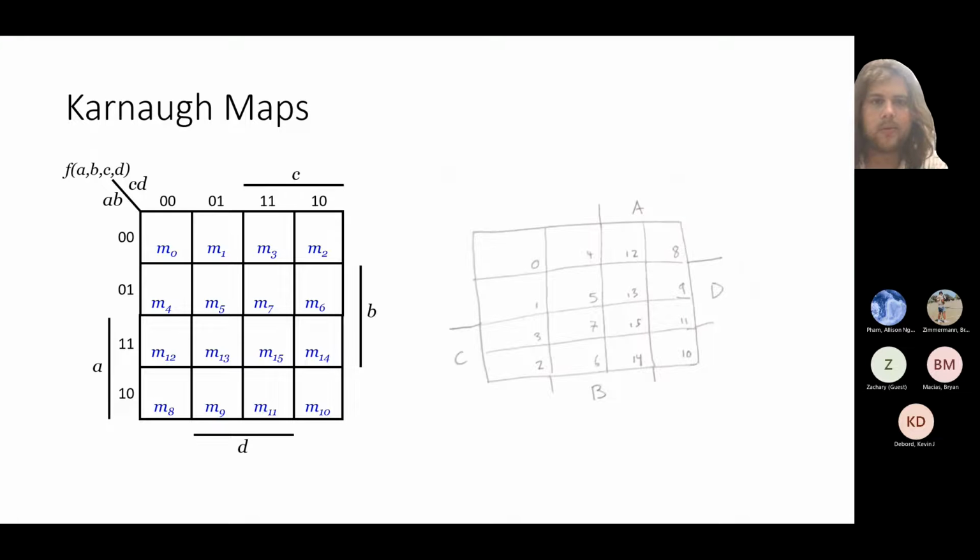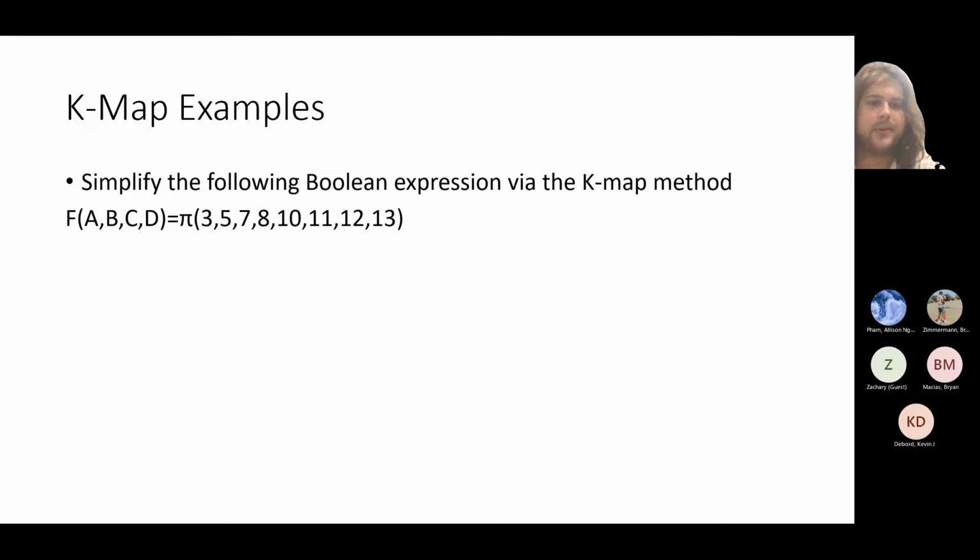So we've got a quick example of our Karnaugh map. We want to simplify the Boolean expression with the K-map method. And you can see here that this is a product of sums notation, not a sum of products, which means that each of these numbers tells us where we have a 0 in our expression. I've also noticed that using product of sums is typically harder for most students than sum of products, just on the way the variables distribute.